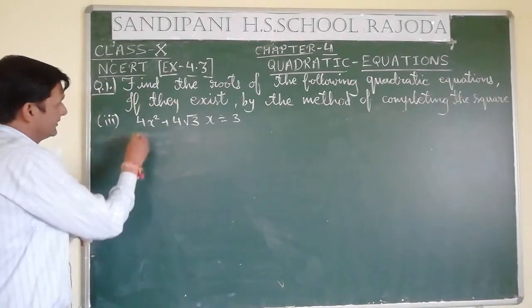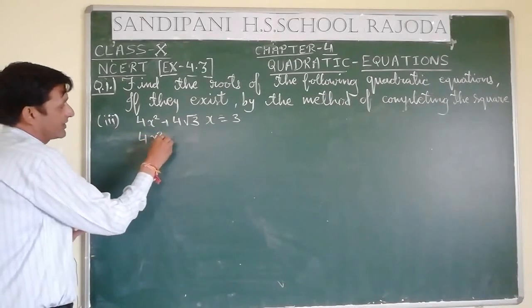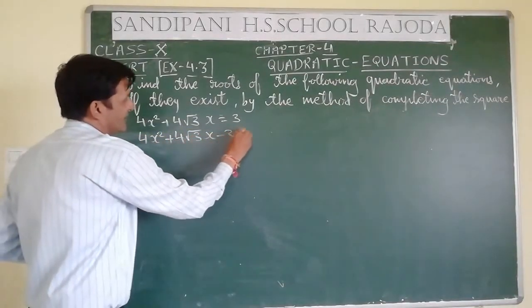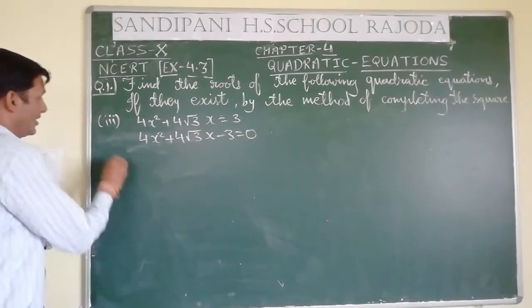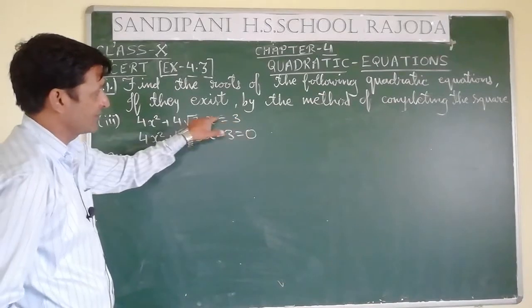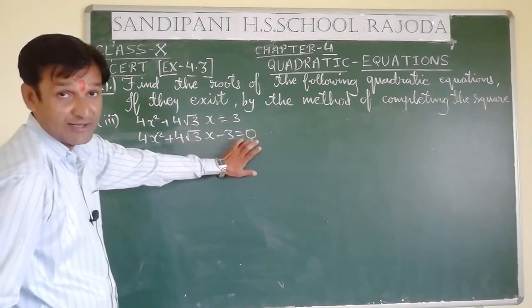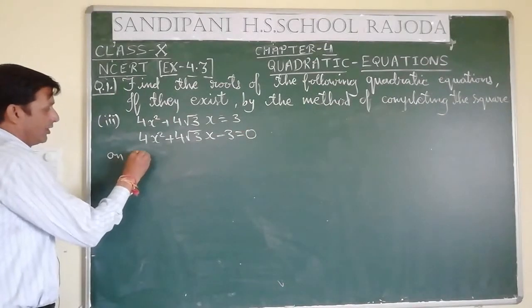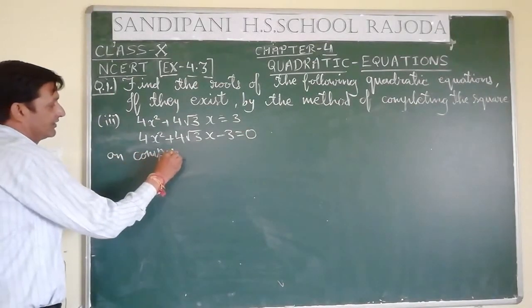So let it be written in this manner: 4x square plus 4 root 3x minus 3 is equal to 0. Now because this is positive 3, if we transpose it from RHS to LHS, we have to make RHS always 0 and after that comparison should be applied.